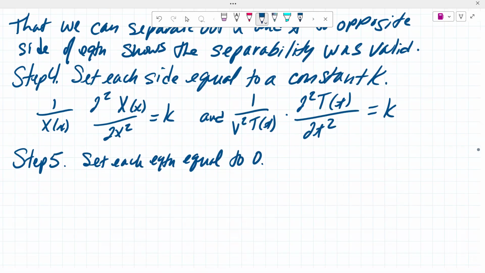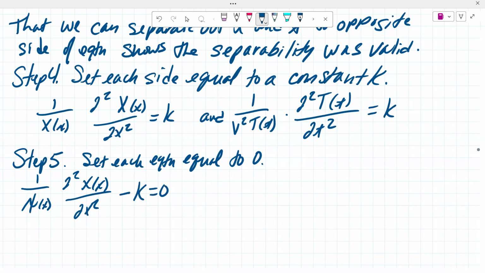So 1 over X of x times d squared X of x over dx squared minus k equals 0.